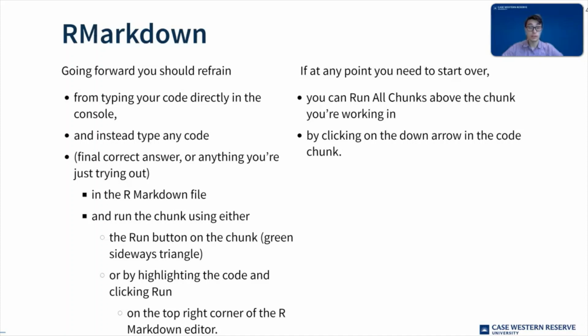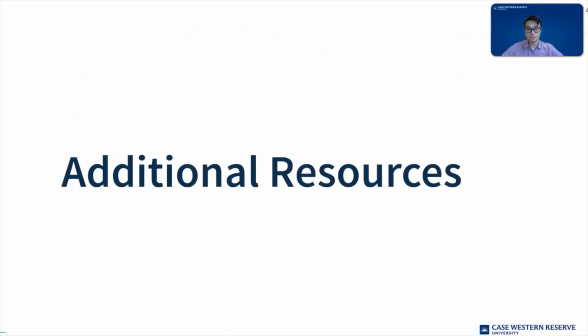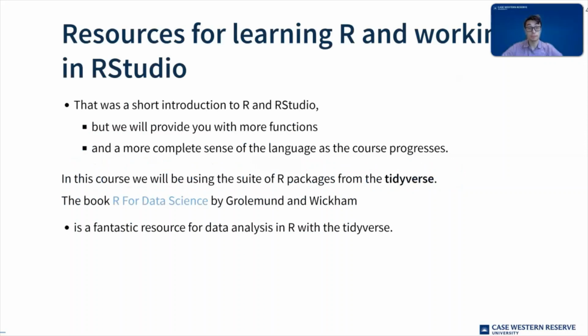We can run these functions by clicking on the little arrow at the top of a code block. We can also highlight the code and use Control-Enter to run the code. At any point, if you need to start over, you can run all the chunks above where you're currently at by using the arrow. Here are some additional resources for working with R and RStudio.